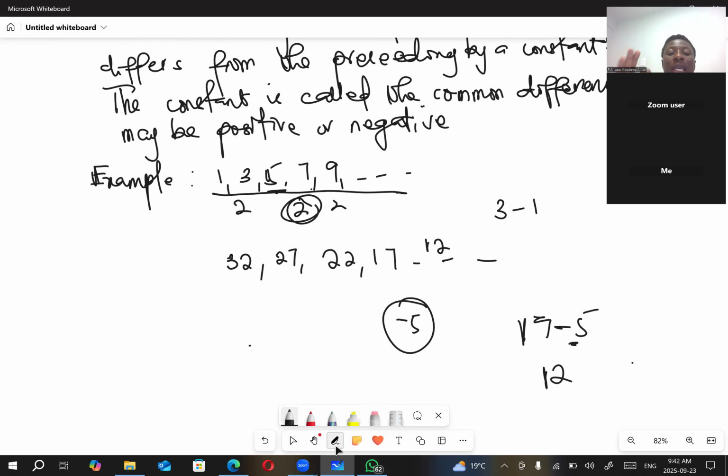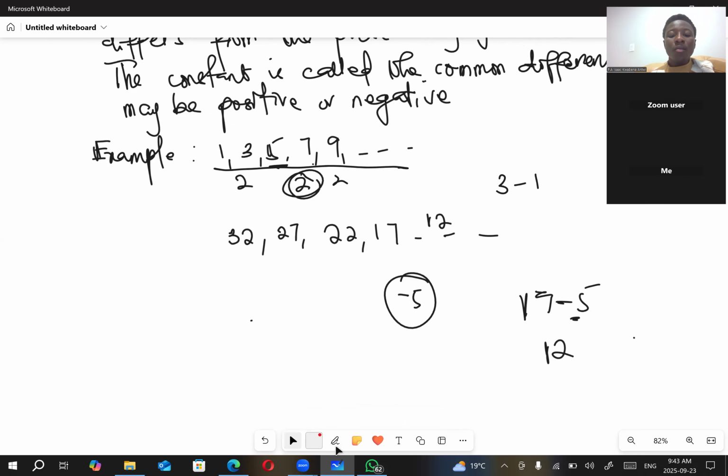So the point is that in arithmetic progressions, each term differs from the preceding term by a constant. Now that constant is called the common difference. It can be positive or negative, and that's what I've shown here. Now let me show you how we get a common difference.